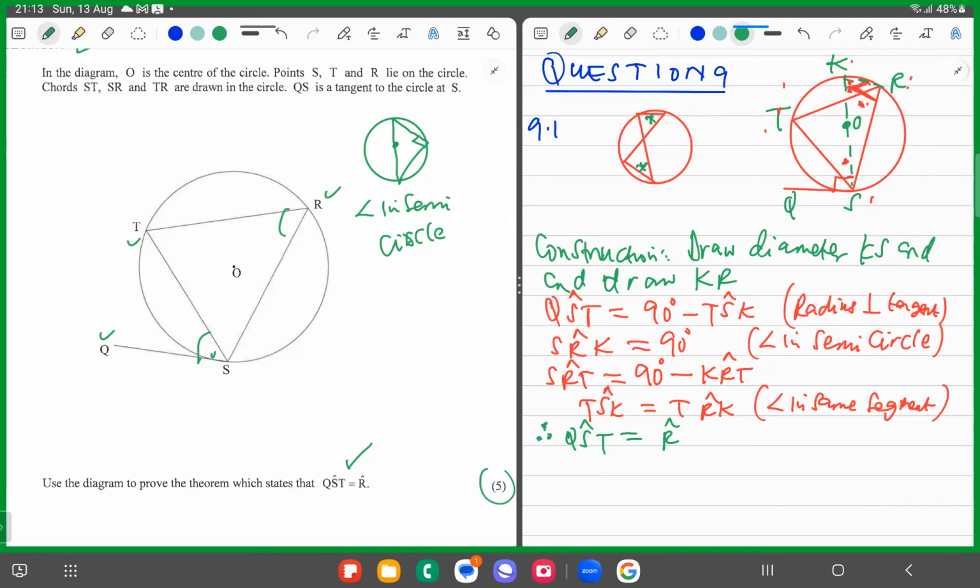Just make that observation that angle QST is equal to angle R, and this is actually what was supposed to be proven.